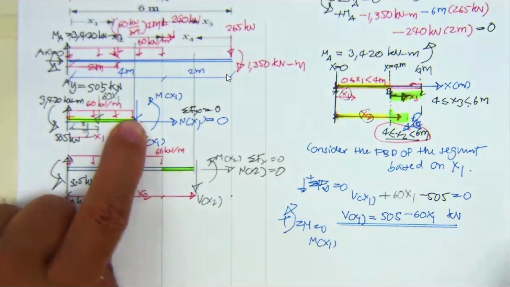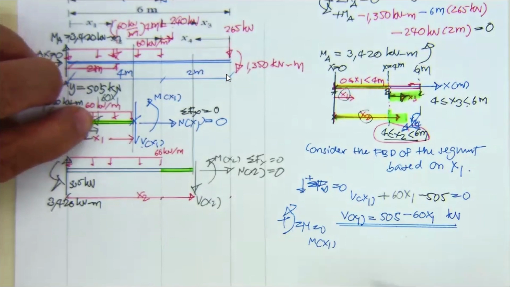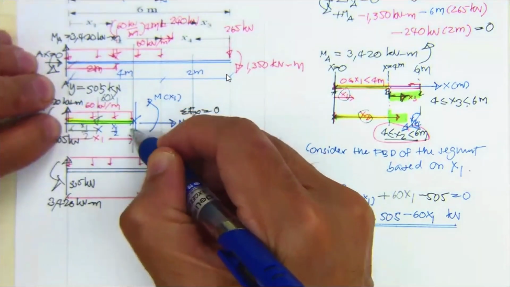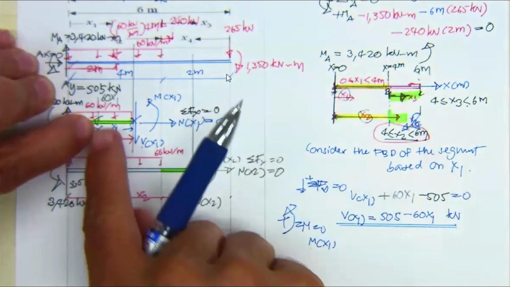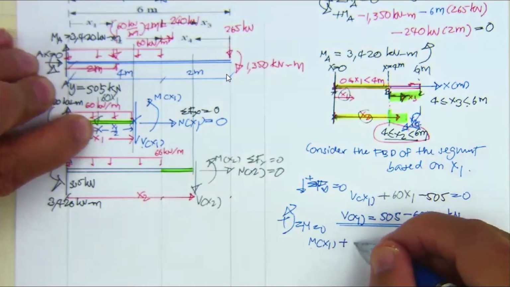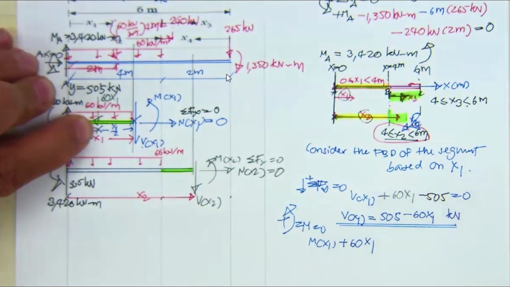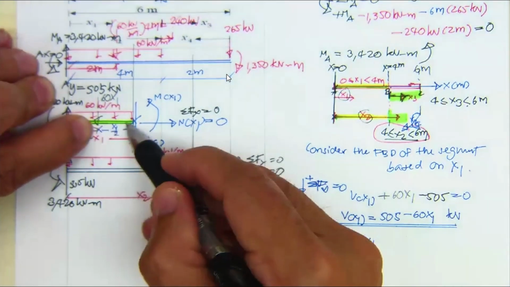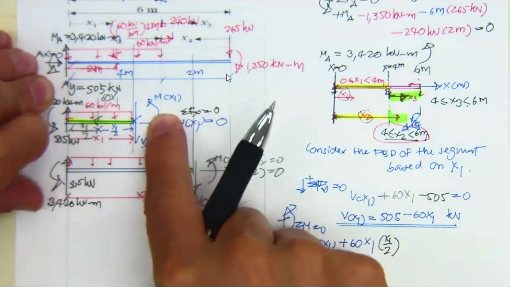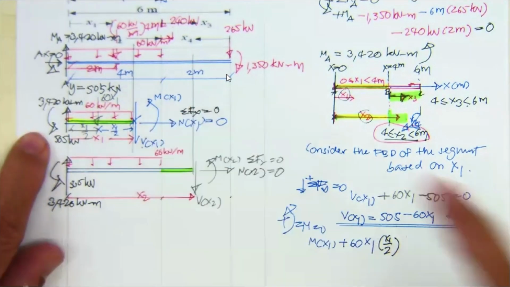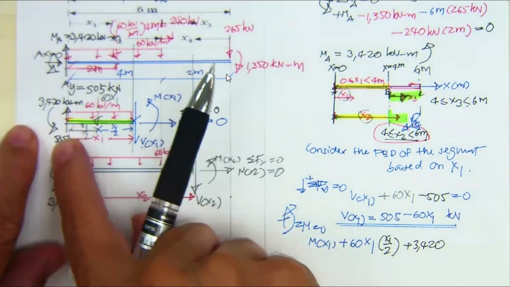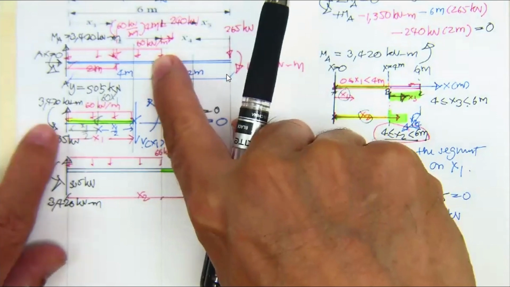Then 60 x1 times half of this one, x1 over 2, in the same direction, plus 3,420 located in the same direction.